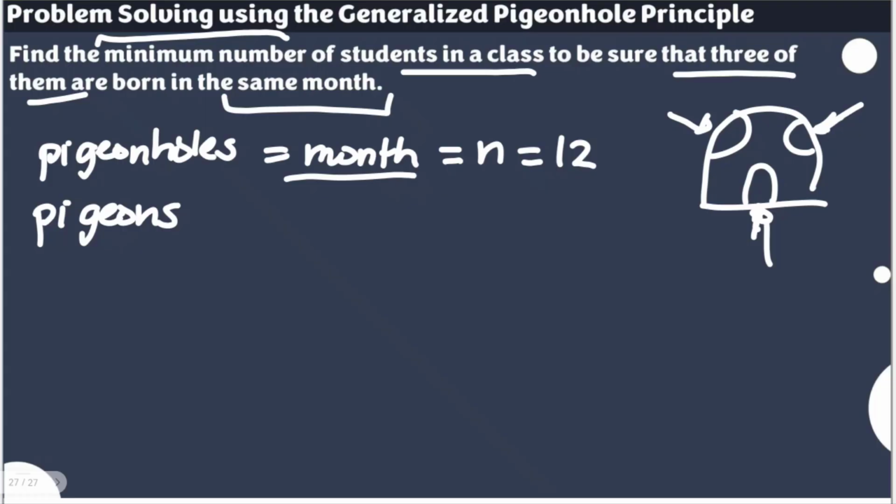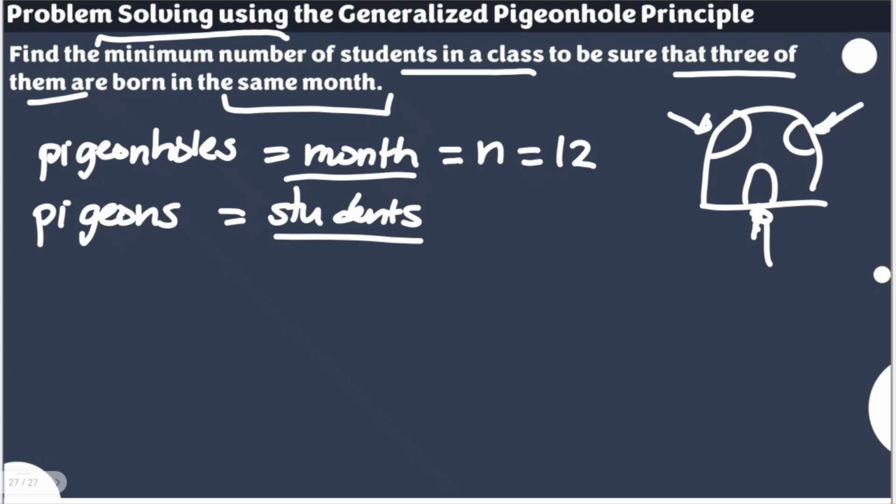In this case, they're your students, because they are the ones who will have birthdays on a specific month, and later on we'll be counting how many students are needed such that 3 of them will have the same month.